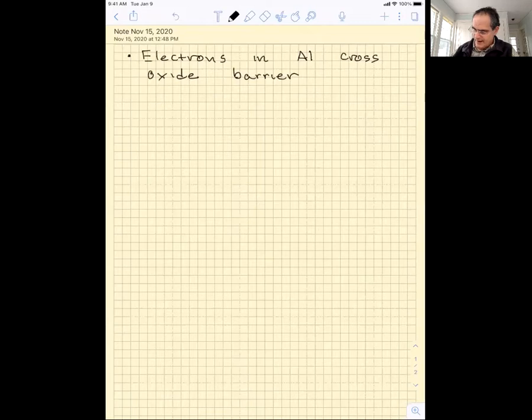So here's the problem that we're going to investigate. It's similar to the barrier potential problem that we did before. We're just going to put in some values now. We're going to investigate electrons in aluminum crossing through an aluminum oxide barrier.